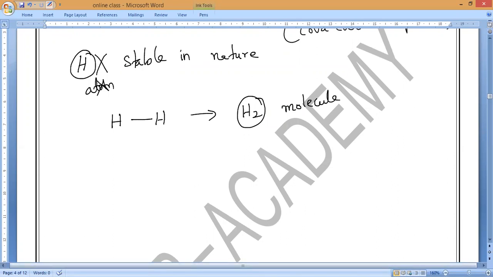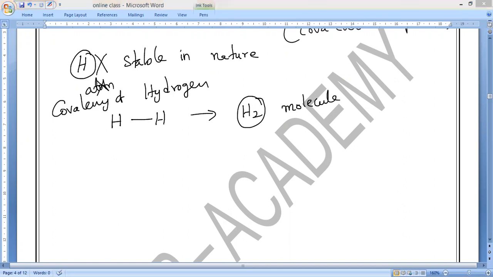So first, covalency of hydrogen. How many electrons? 1 electron or 2 electrons? Only 1 electron it can share, correct? Hydrogen basically has 1 electron.